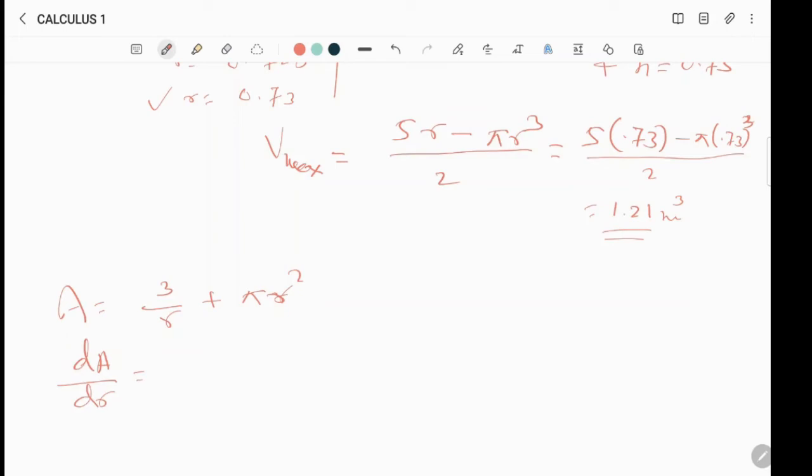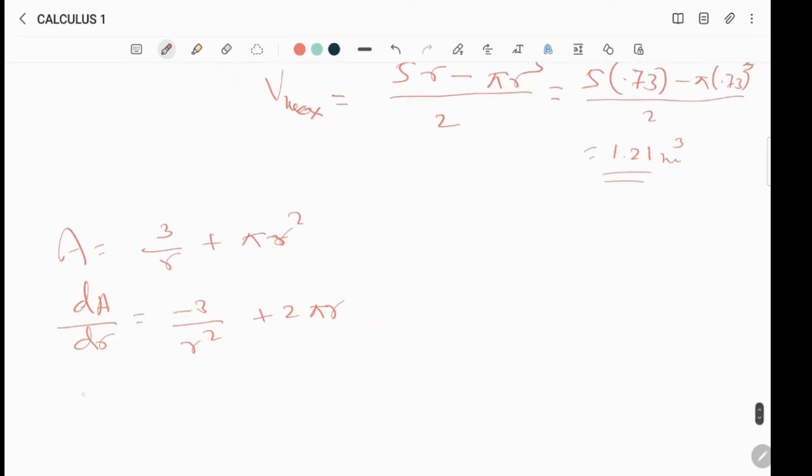Okay, now dA over dr. So this is 3 over r, differentiation is minus 3 over r square, and this is 2 pi r. Now dA over dr should be 0.